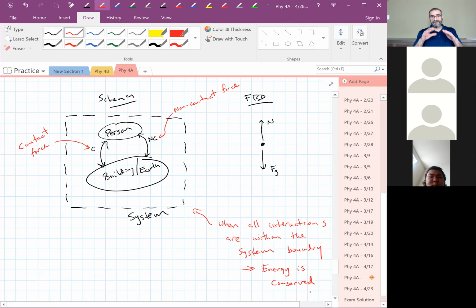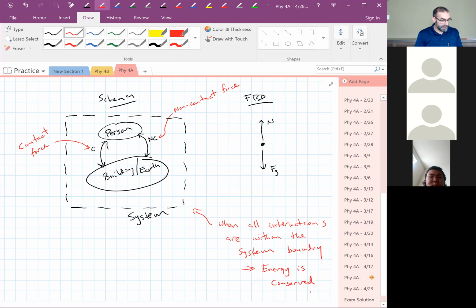So being able to define what our system is is very important when it comes to energy and things like that. It's a good idea to start to think about it a little bit now so that it's not completely new to us later on when it's most helpful.